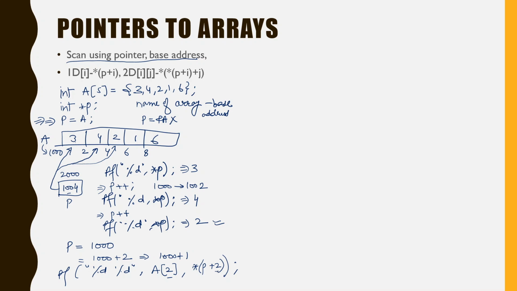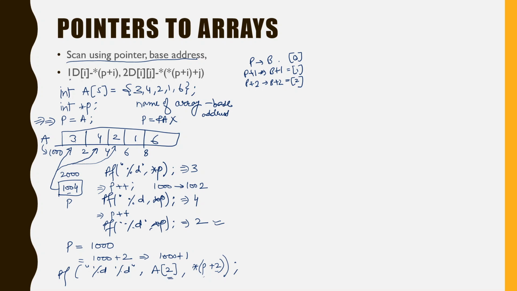Now pointer p plus 2 means p initially is the base address, p plus 1 is base plus 1, which is index 1, since this was the 0 index. Now p plus 2 means base plus 2, that is the second index, which is this.